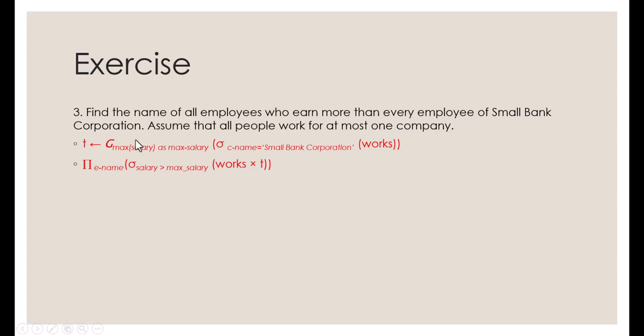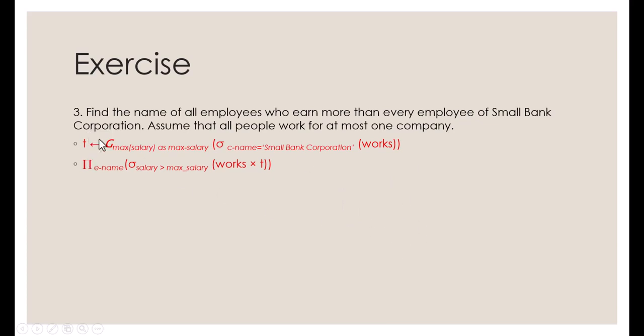So this will return a single value, which we're going to rename to be max salary. So T alone will just return a single value. So it'll have a column up here that has max salary, and it's going to return just a single row of data. It's going to be some number, some max salary.